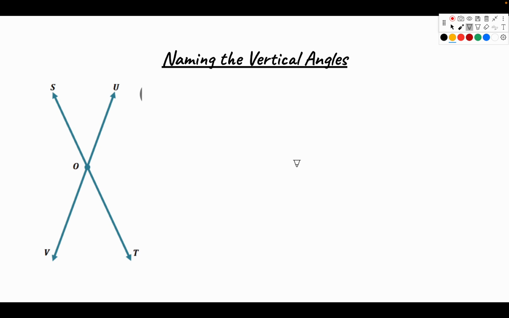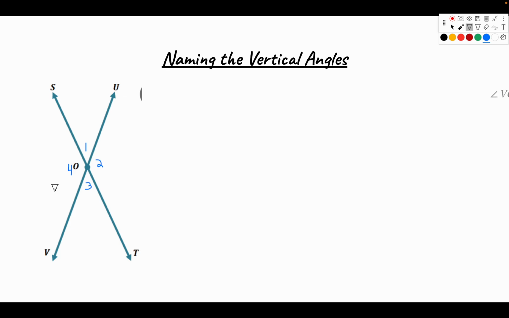Sometimes we have vertical angles, and vertical angles are formed when we have two lines that intersect. To name all of the vertical angles that we have here, sometimes it might help to label these as 1, 2, 3, and 4 like you're used to seeing.